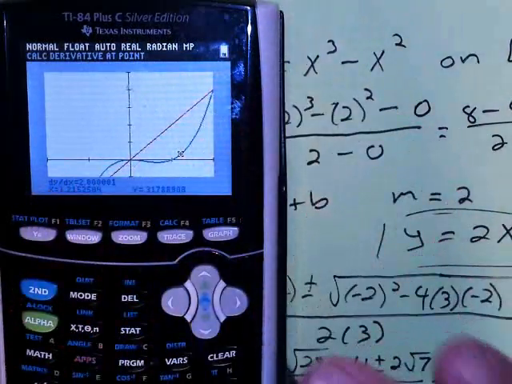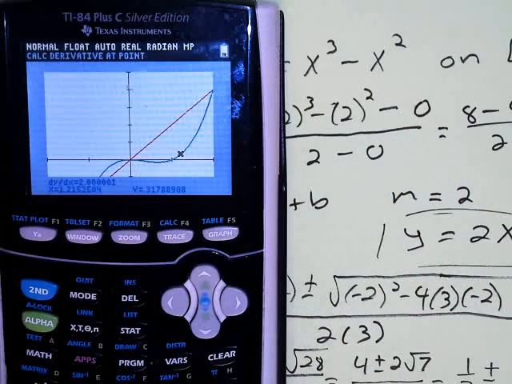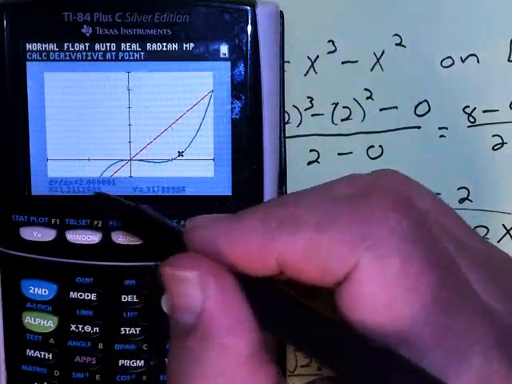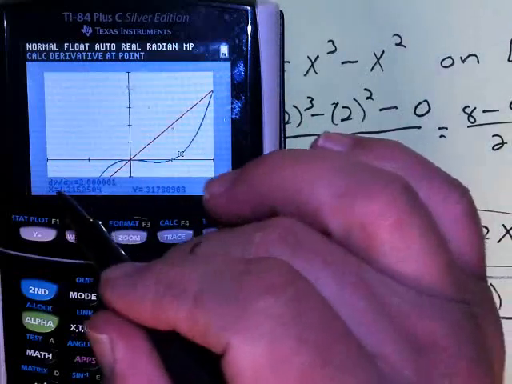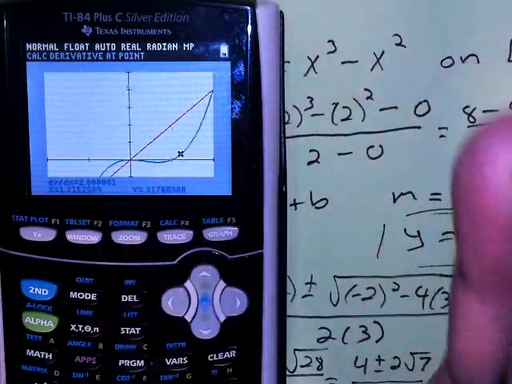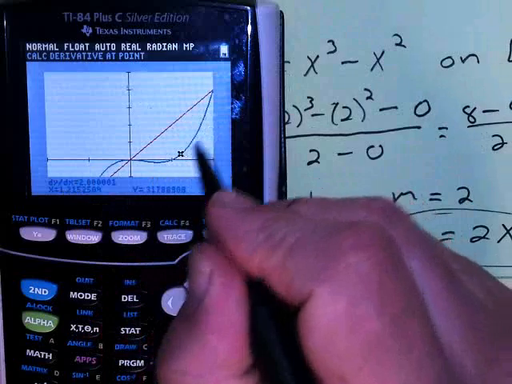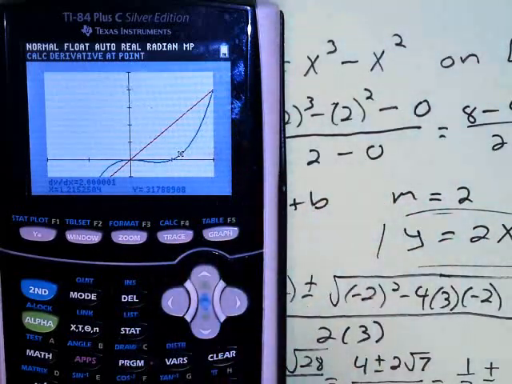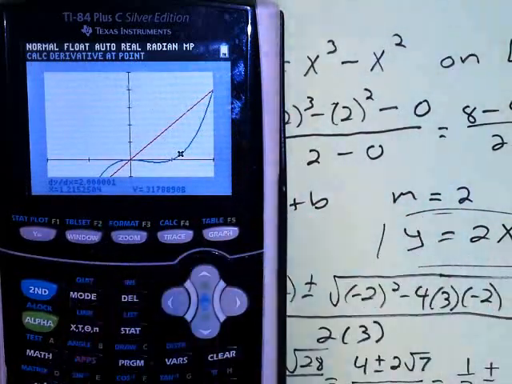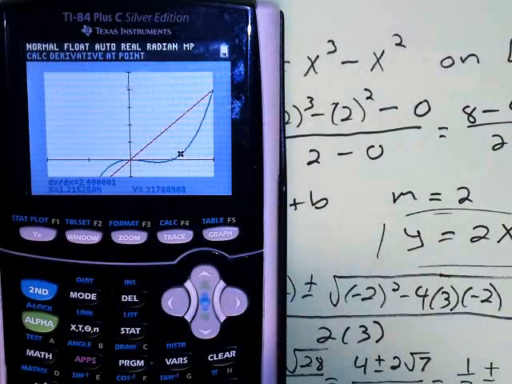Well, the derivative is actually 2, but the algorithm that it uses gives an approximation, really, really close to 2, and it actually is 2 at that point. And so you found the right point there, even though it's not exact.